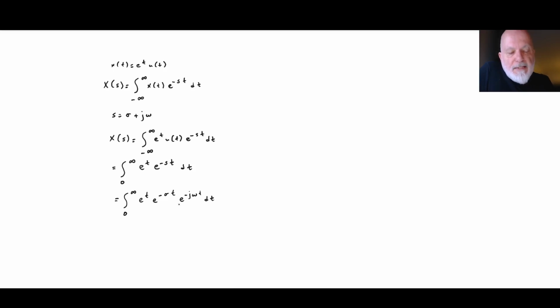So this integral exists if sigma is greater than 1.